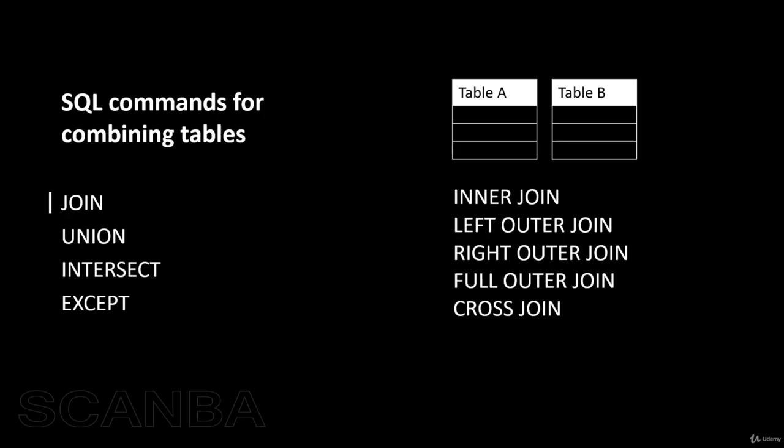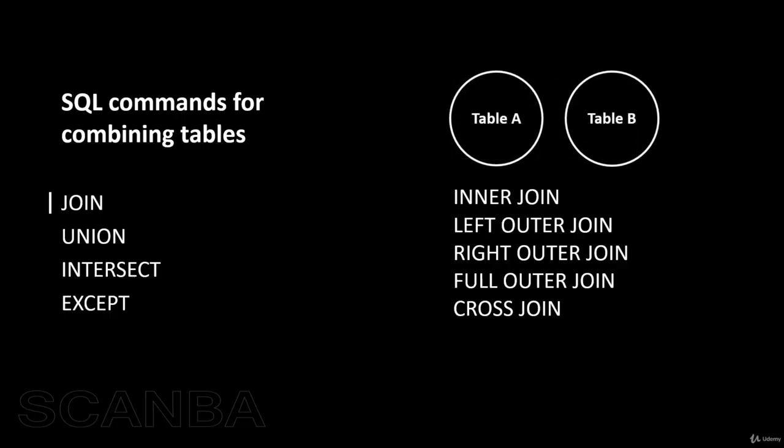When working with data, we sometimes need to retrieve data from two or more tables. For that, SQL has several variations of join command: inner join, left, right, and full outer join, and cross join. Although the join commands work with tables, sometimes for illustration purposes, the tables are shown as circles.